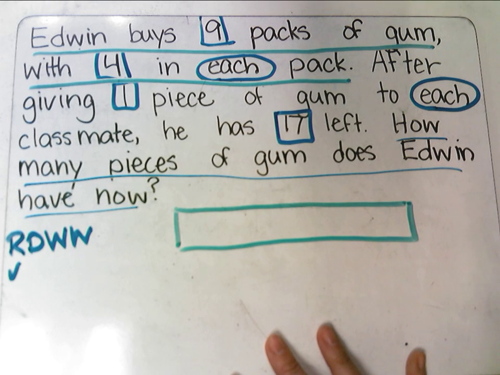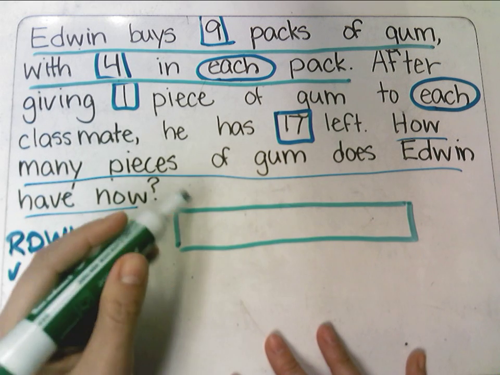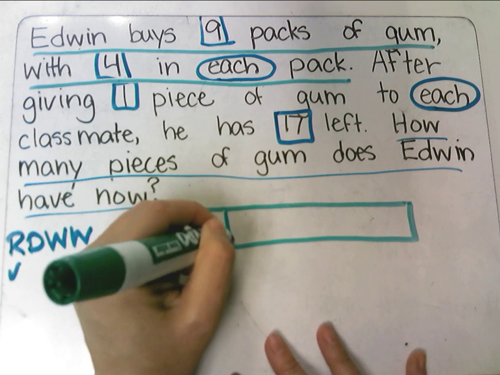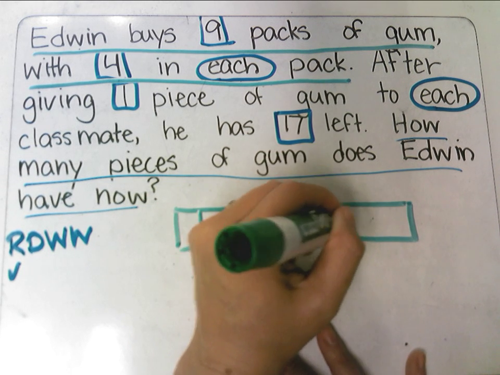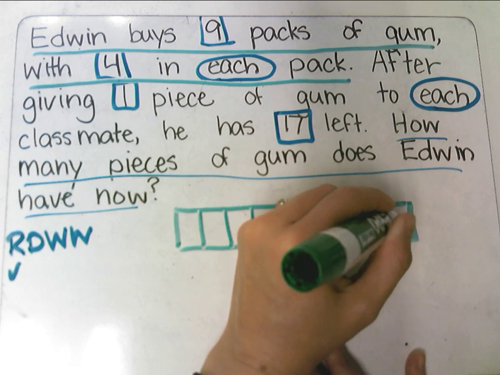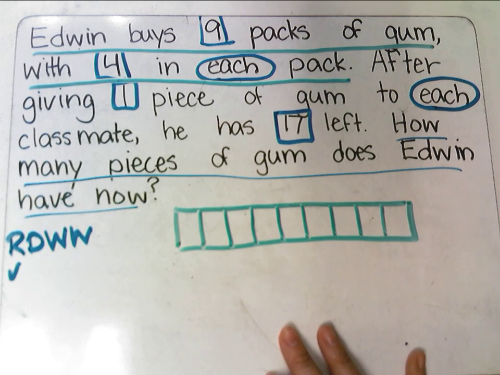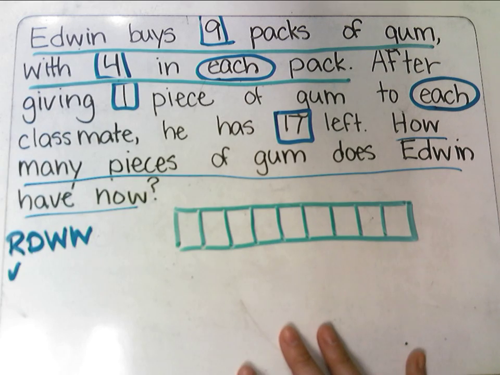He buys 9 packs of gum. So that's telling me I need to distribute my tape diagram into 9 squares. 1, 2, 3, 4, 5, 6, 7, 8, 9. How many pieces of gum are in each pack? There's 4.